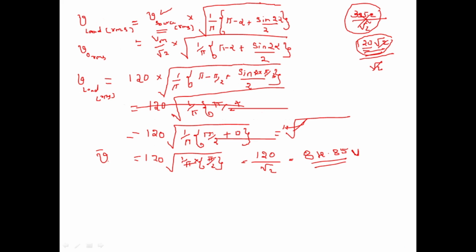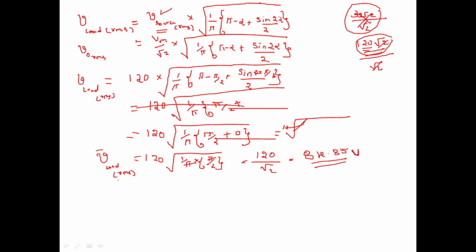So RMS values of the load, anything you can write: load RMS or RMS of load or output RMS or RMS of output. He has asked the RMS of the output voltage.